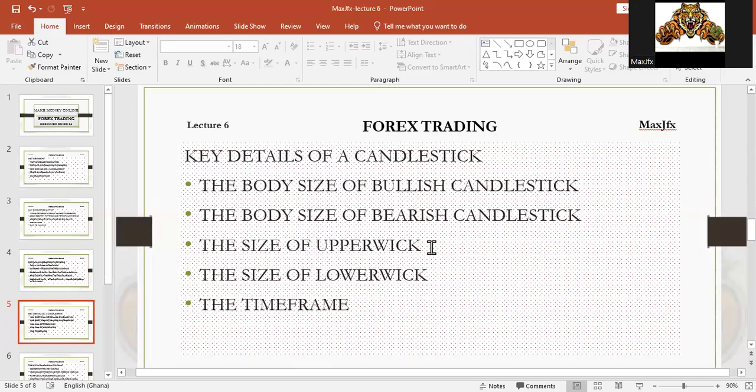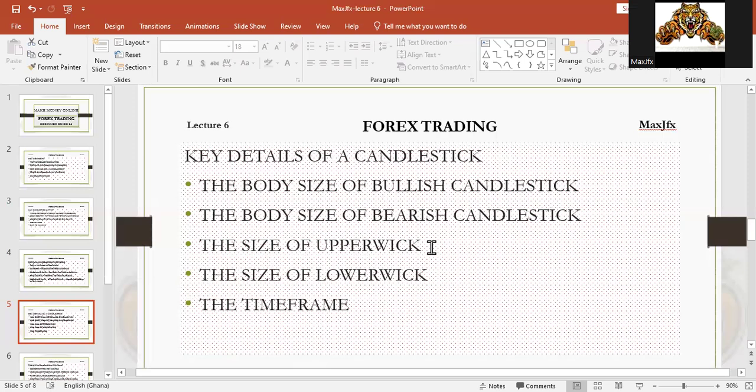And also the size of the upper wick. When the upper wick is very long, it means there is a rejection of price, a rejection from the sellers. The sellers are saying, no, you don't want to sell at this price. So when price gets there, you see a rejection; a lot of sellers come into the market.